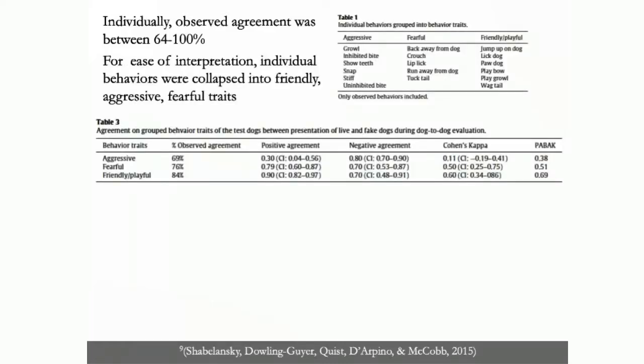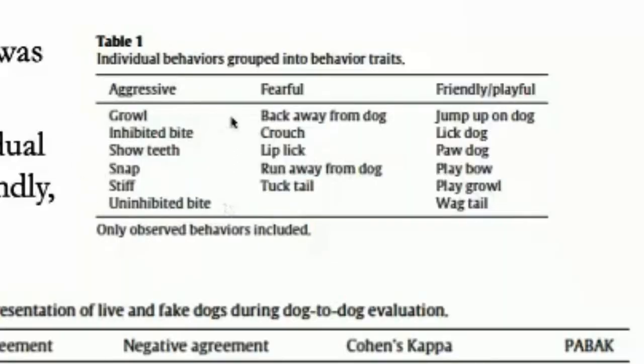I wanted you to take a look first at table 1. I'm sorry that table 3 popped up, but let's take a look at table 1 first. Here we have what were considered aggressive behaviors. They took the many behaviors that they coded during this procedure and categorized them into 3 different types: aggressive, fearful, and friendly, playful. Behaviors considered aggressive were growling, having an inhibited bite, showing teeth, snapping, stiffening, and having an uninhibited bite.